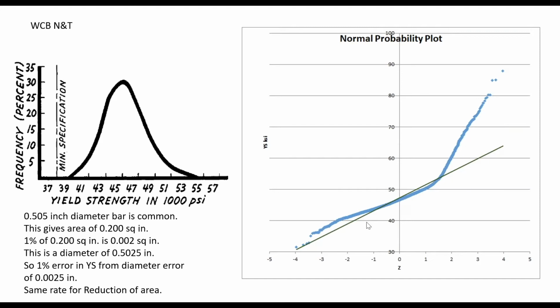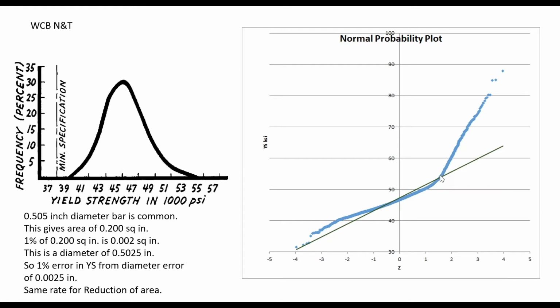You can see that this line here assumes that it's a normal distribution. And so the data we have from our members is not a normal distribution. And so one would assume that this data is probably mislabeled because I took all the data that was labeled normalized and tempered, but there's no reason that the foundries who submitted the data would have been that careful in validating their information.